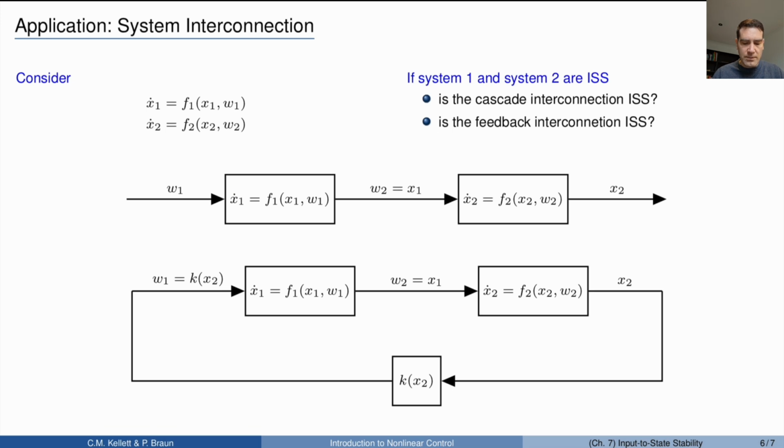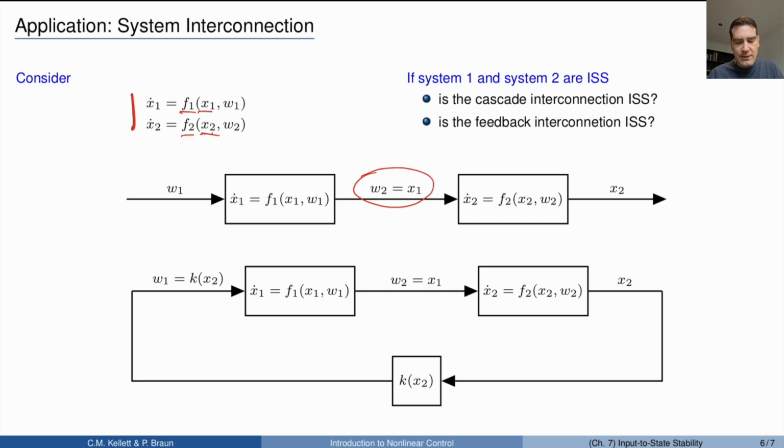The context is in system interconnections, meaning if I have two systems, x1 dot and x2 dot, with both of them characterized through a particular function f1, f2, depending on the individual states and then individual disturbances. Now I could put them into a cascade interconnection, meaning I consider the disturbance of system 2 as the state of system 1.